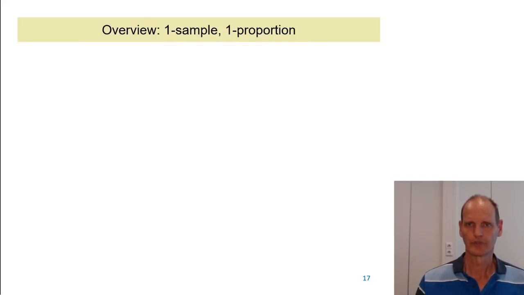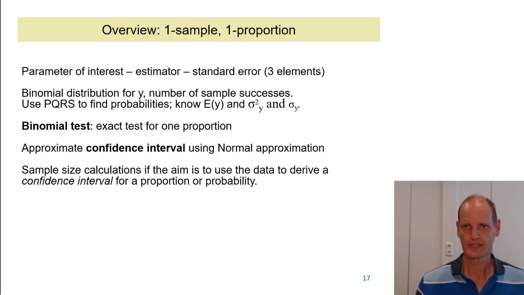So, overview for the one sample, one proportion case, situation 10. We have talked about the parameter of interest, pi, the estimator pi hat, which is y over n, and the standard error, approximated using the normal approximation.